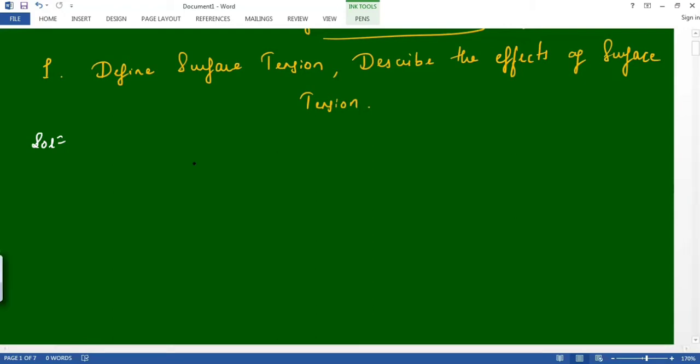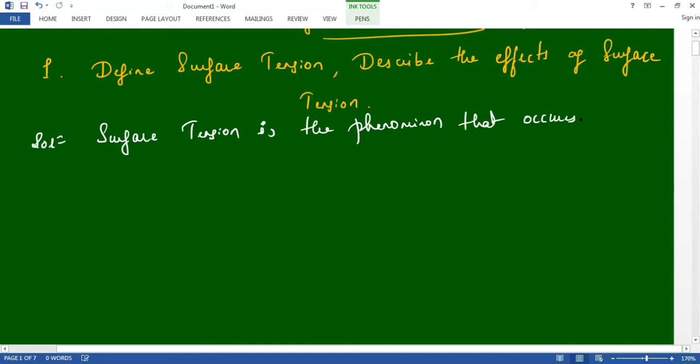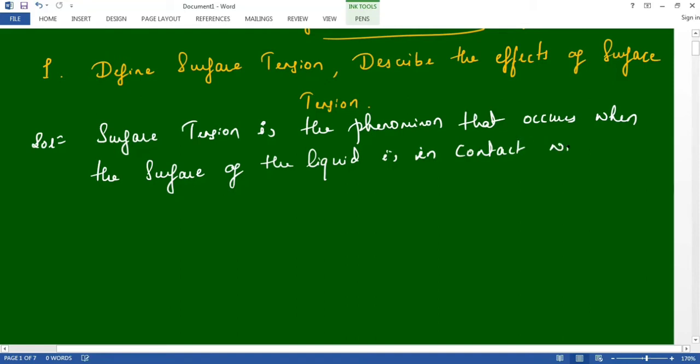Let us write the definition. Surface tension is a phenomenon that occurs when the surface of the liquid is in contact with another phase, full stop.